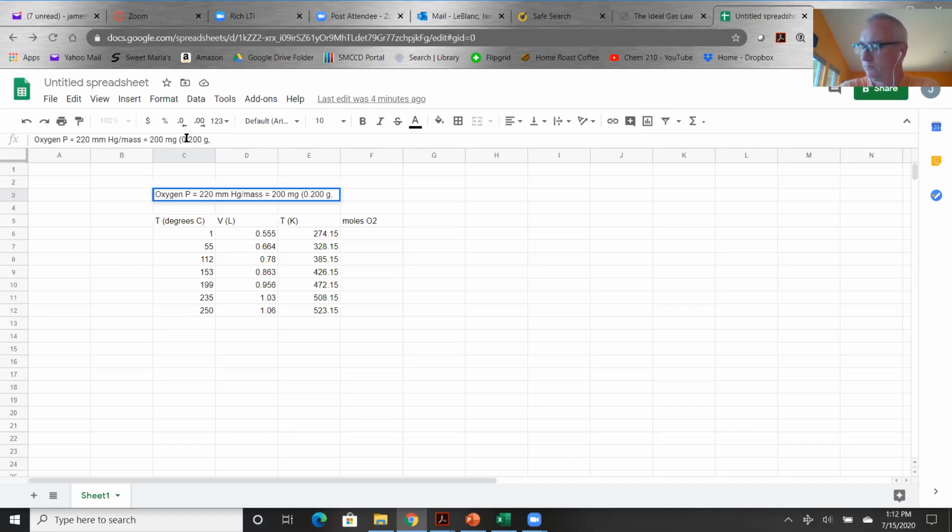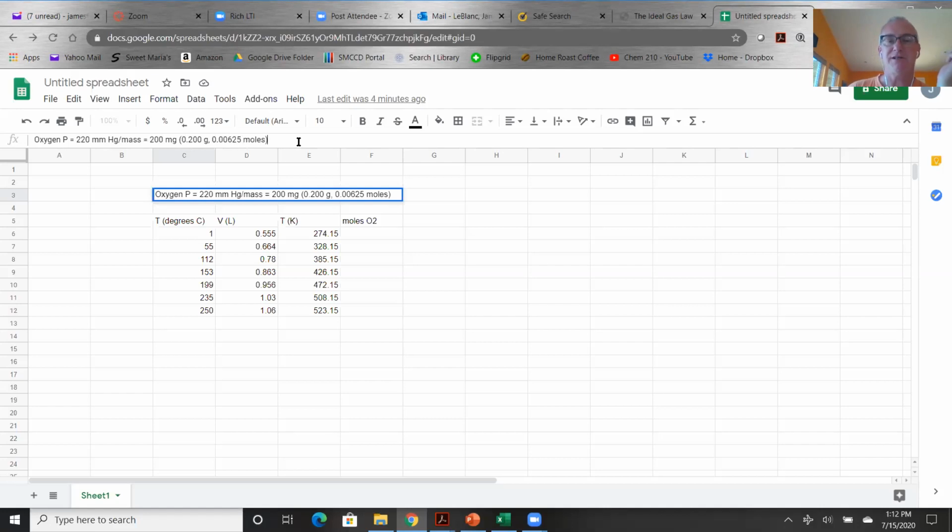Is it 0.00625? Yes, it is. So 0.00625 moles.